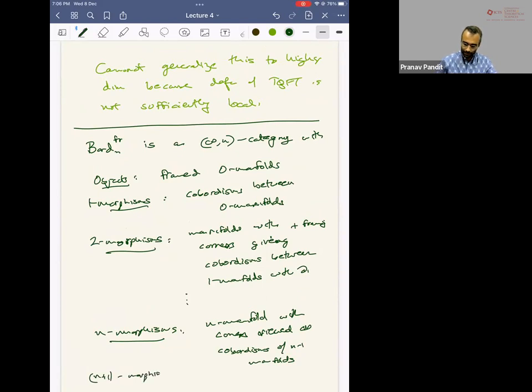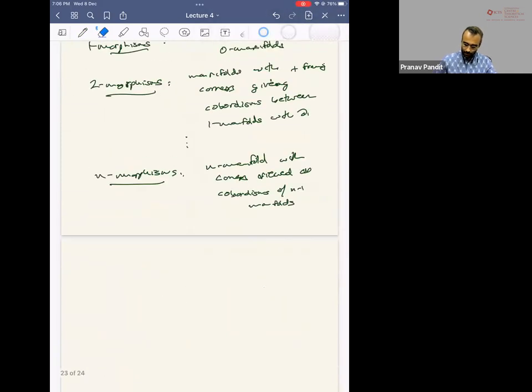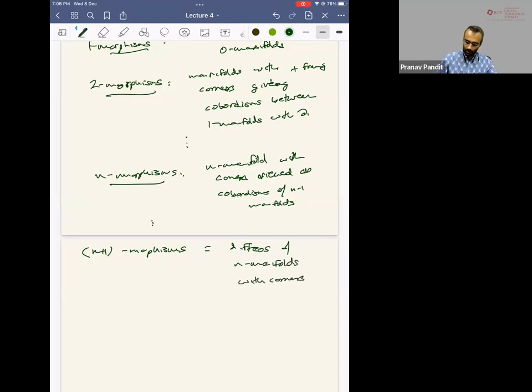Well, maybe I'll just stop there. Okay, I'll just say n plus 1 morphisms are diffeomorphisms of n manifolds with corners and so on. Right, so above level n, you make everything invertible. You don't take cobordisms, but you take diffeomorphisms because diffeomorphisms are invertible.